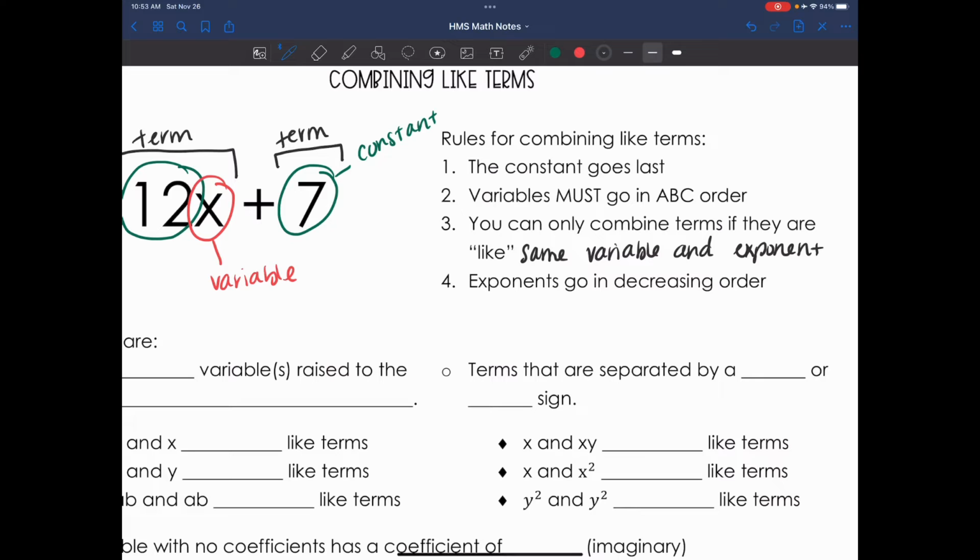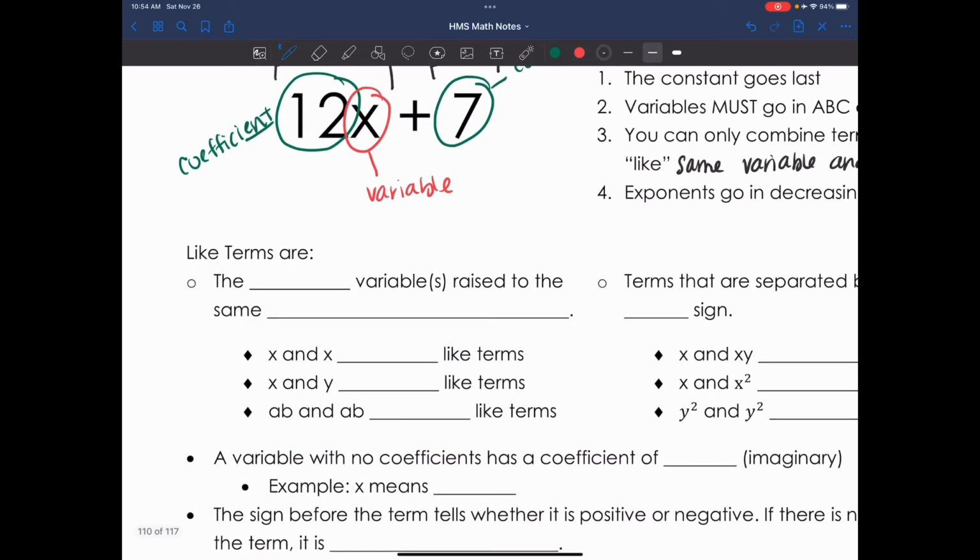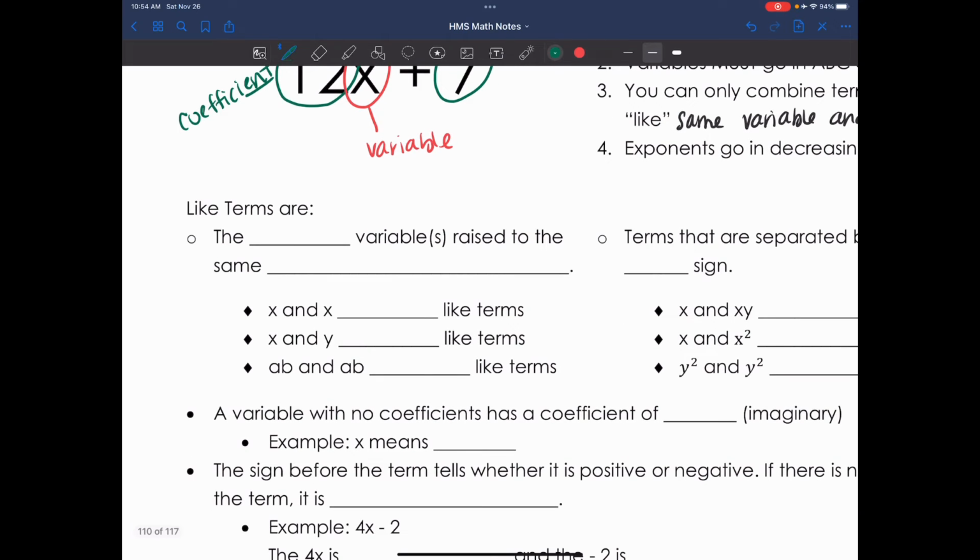So a to the power of 3 goes before a to the power of 2, which goes before b to the power of 5, which goes before b to the power of 3, and so on. So, like terms. Like terms are the same variable raised to the same power, which is what we just wrote down.